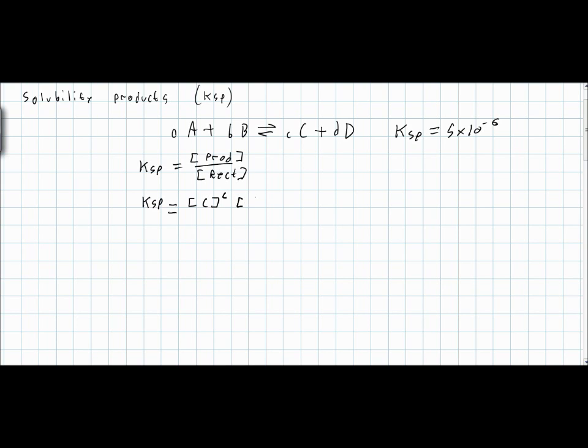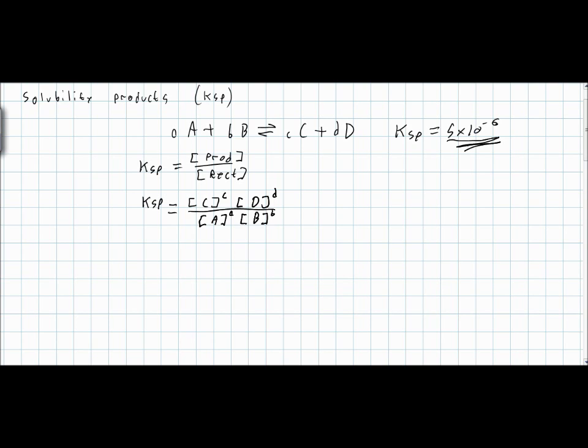And so the same goes for compound D. We have d moles of it, so it would go as the power of the concentration. And now underneath we have compound A, with a moles, and compound B, with b moles. Simple? I hope so.